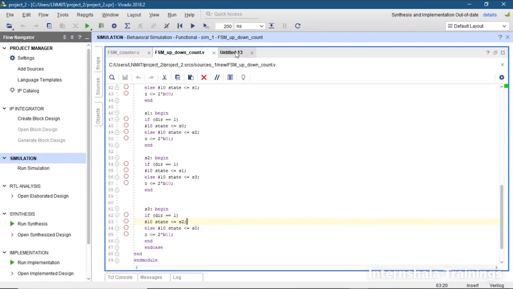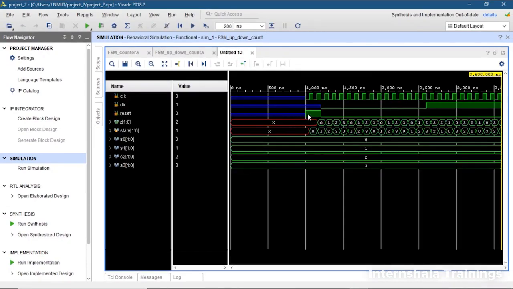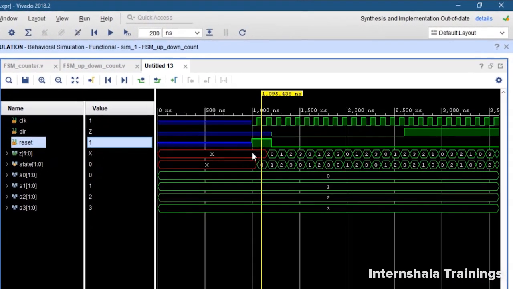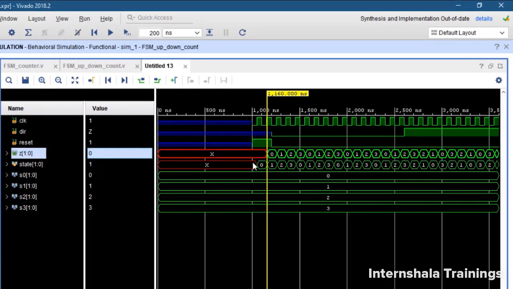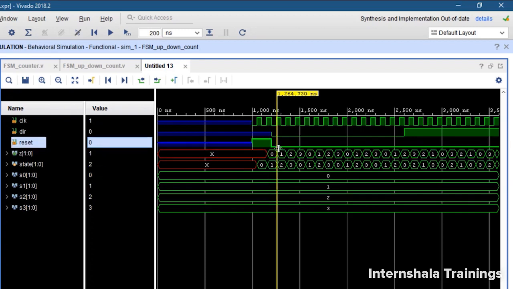Now simulations. In the simulation, first of all, we have to keep reset equal to 1 so that the counting is initialized and we get 0. After that, I have set my direction to 0. 0 means we are counting up. So you can see 0, 1, 2, 3, 0, 1, 2, 3, 0, 1, 2, 3. We keep counting up.